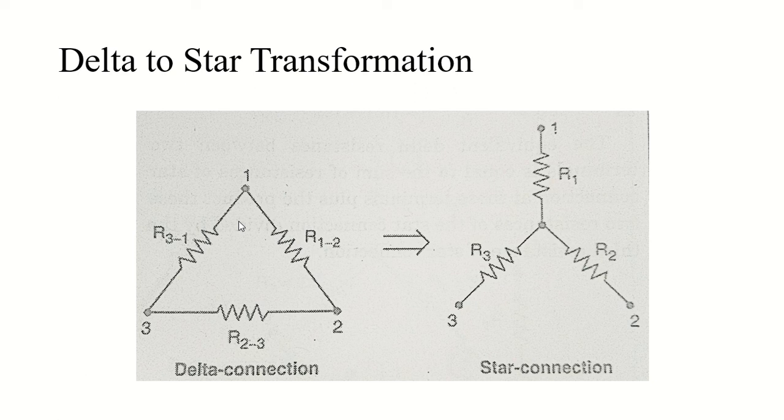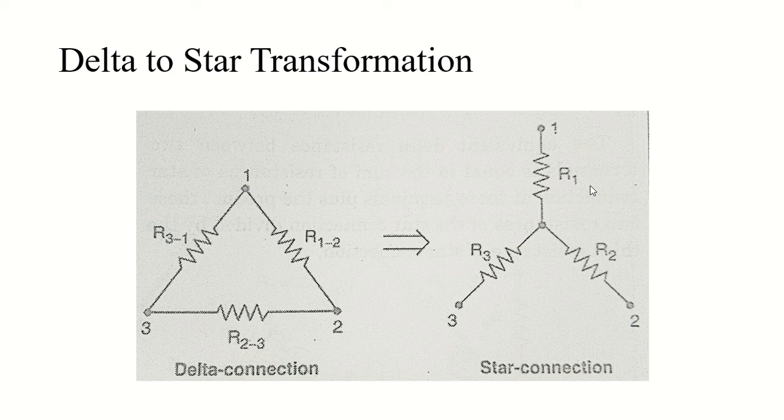It means if R12 resistance is, let's say, 5 ohm, and R12 is connected between terminal 1 and terminal 2, then the resistance on the star connection between terminal 1 and terminal 2 should also be equal to R12, which is 5 ohm.